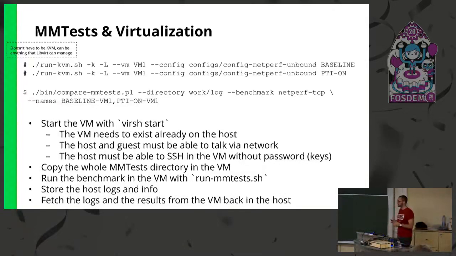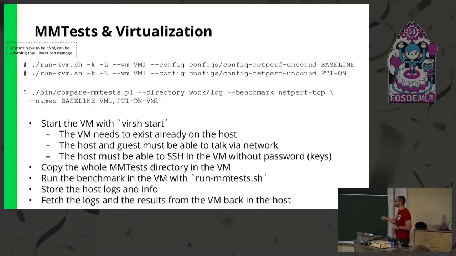For now, the virtual machine has to exist already and has to be known to libvirt already. So basically what MMTest does is virsh start the name of the virtual machine you have provided. If it doesn't exist, bad things happen. And also they have to be set up in such a way that the host can reach the virtual machine over network and can SSH inside the virtual machines passwordless.